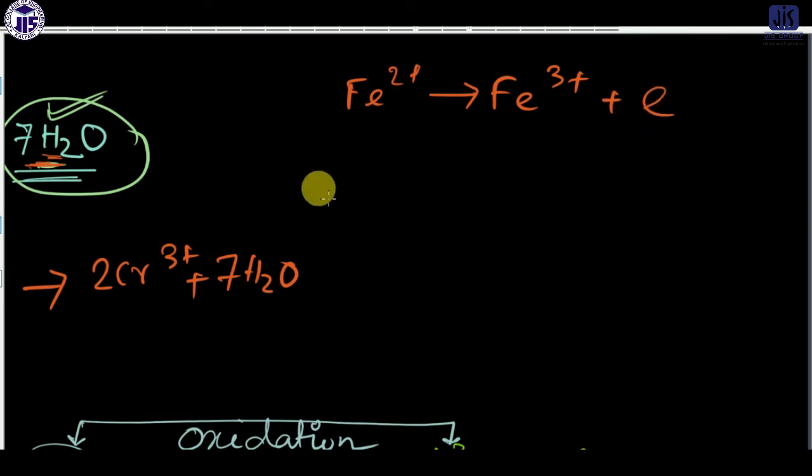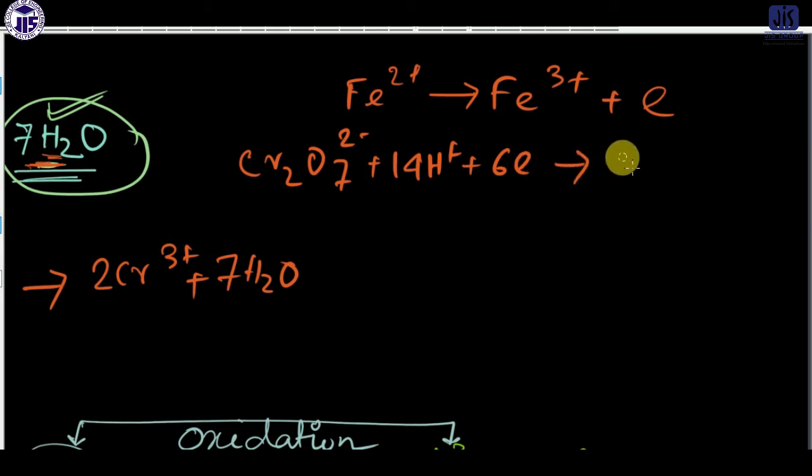The reduction reaction is Cr2O7 2 minus plus 14 H plus plus 6e going to 2 Cr3 plus plus 7 H2O.